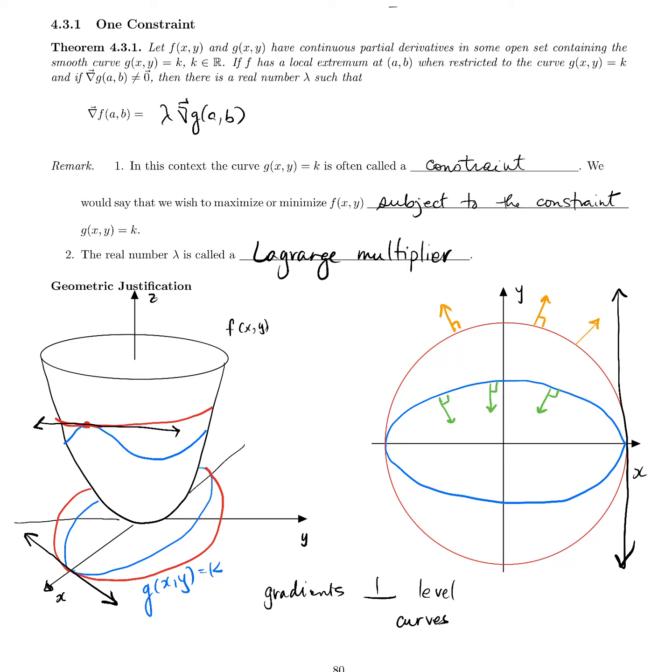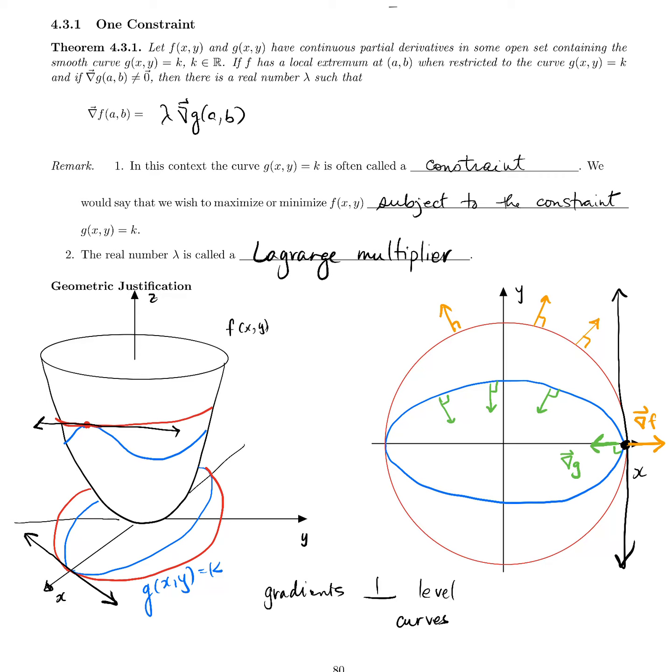So what happens at this point when the two curves, the level curve of f and the constraint curve, are tangent? The gradient of each has to be perpendicular to the level curve. If the curves are tangent, then the gradient of f and the gradient of g are perpendicular to the same thing.